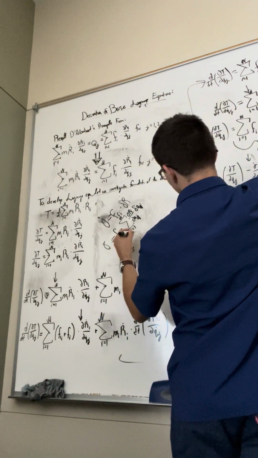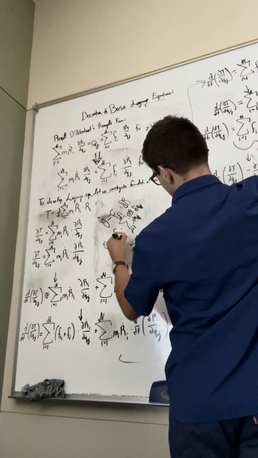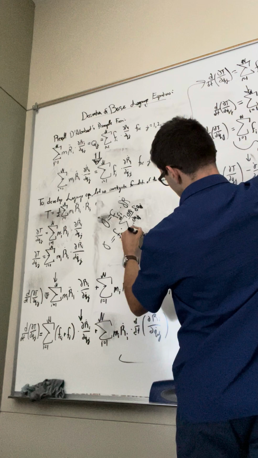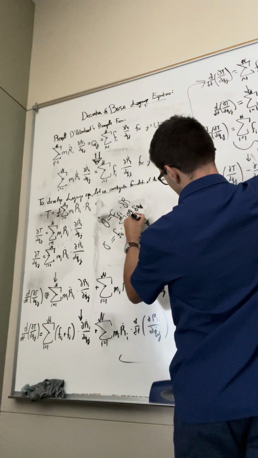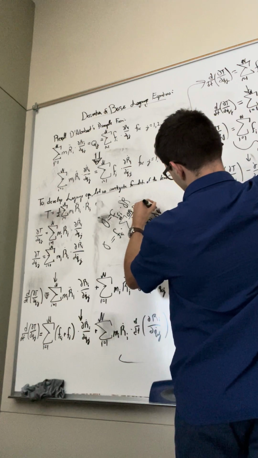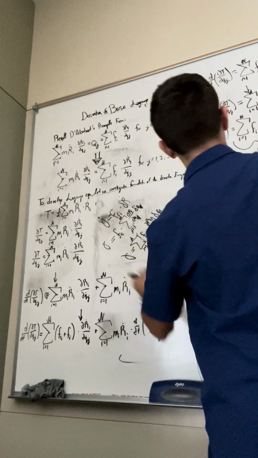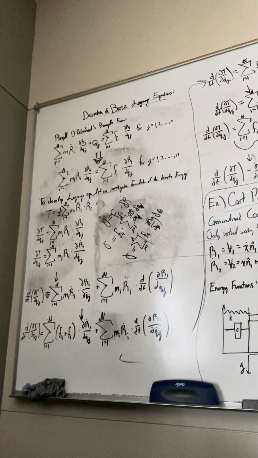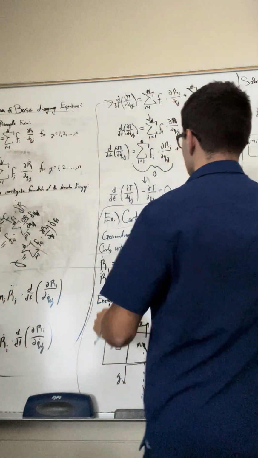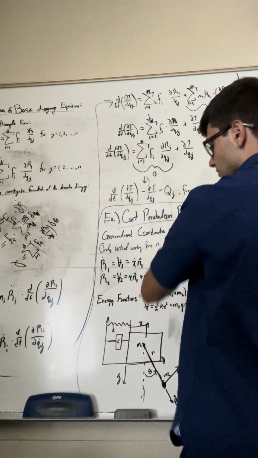Say summation. So 0. As we see, we find here, and this equals out to 0. Find this, and this is the Lagrange equation.